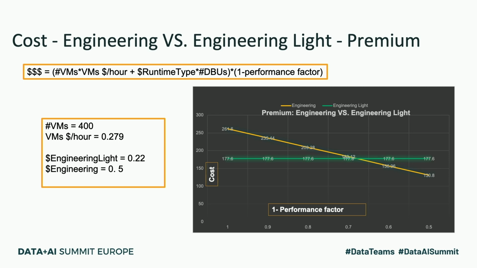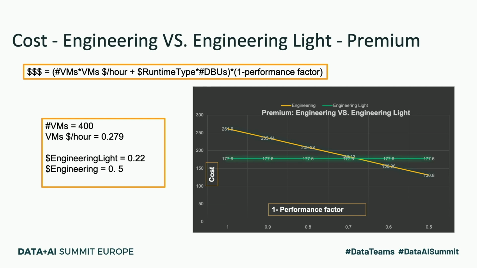So the previous example we saw was for the standard tier. Now let's look at the premium tier. And it's, again, the same calculation, same number of machines. The cost is slightly different because I'm looking at the premium one. And now I can see that my sweet spot is somewhere in between the 40%, 45% improvement.